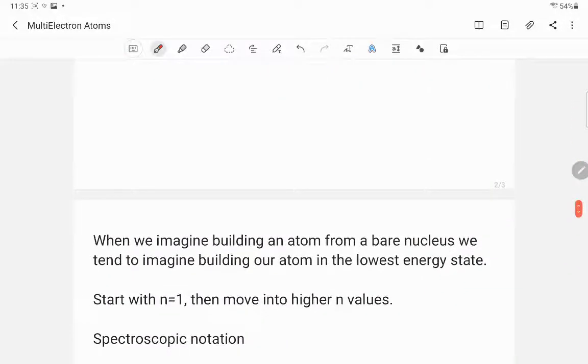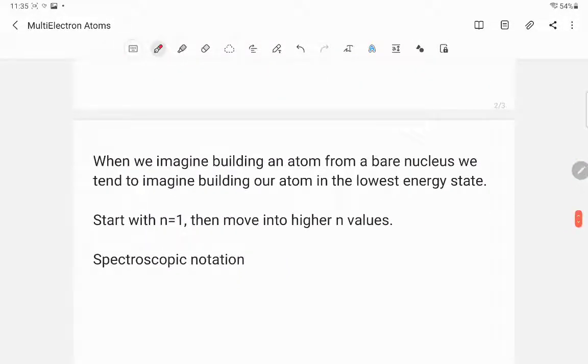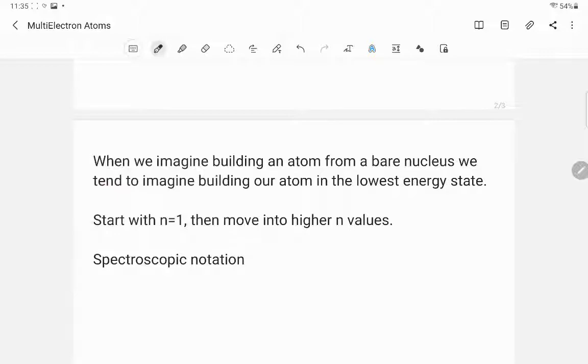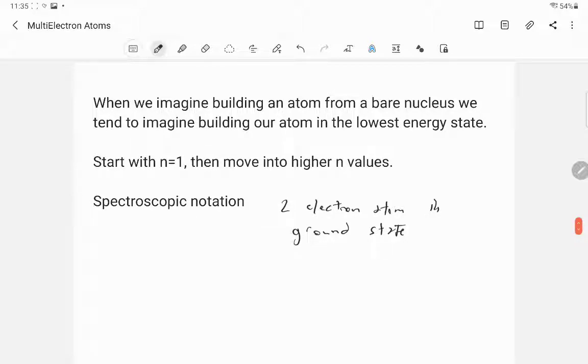And that ground state, in spectroscopic notation, right? So a 2-electron atom in the ground state, in spectroscopic notation, we say is 1s2.